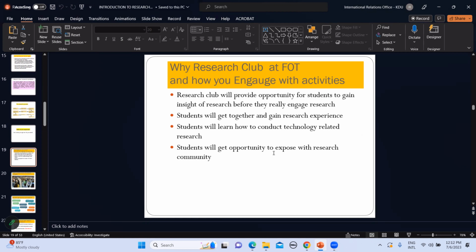To get the membership, you need 600 rupees per year, something like that. But you can call the president, and he is from the 39 intake, I think. Then you will learn how to conduct technology related research. Students will get the opportunity to be exposed to the research community. That is why the Technovis club is there, to have that technology kind of thing.